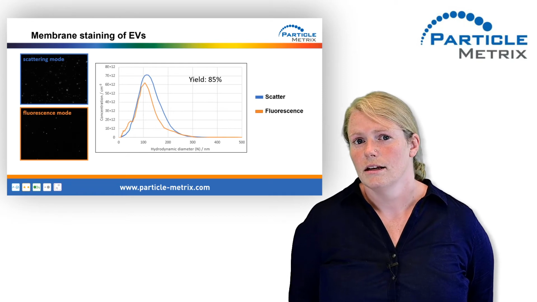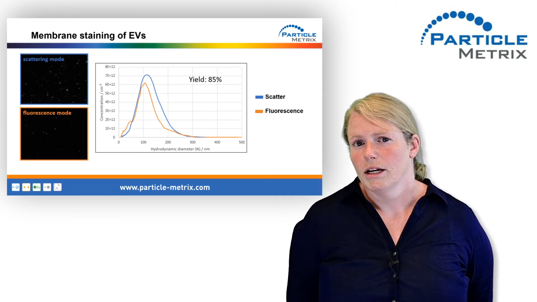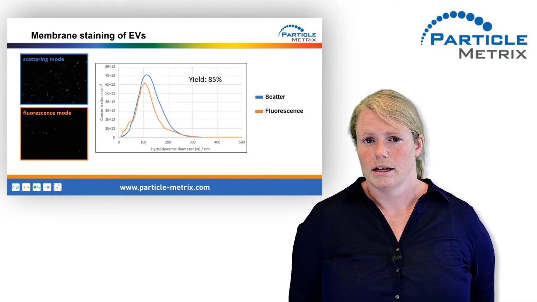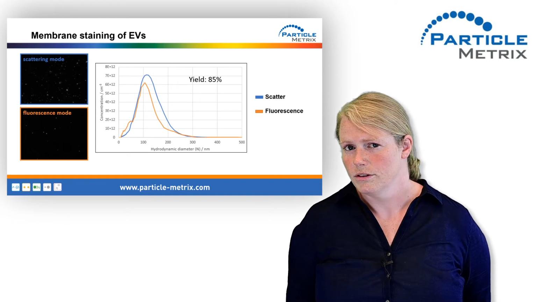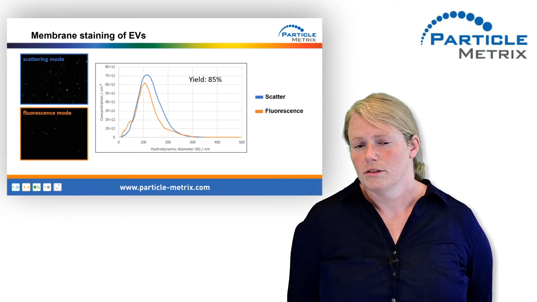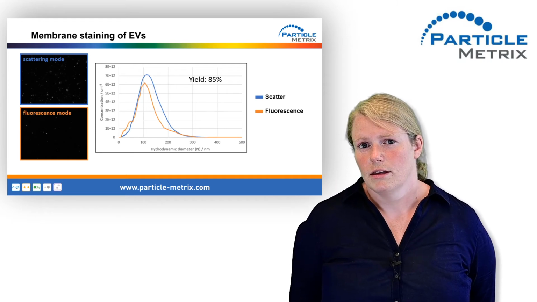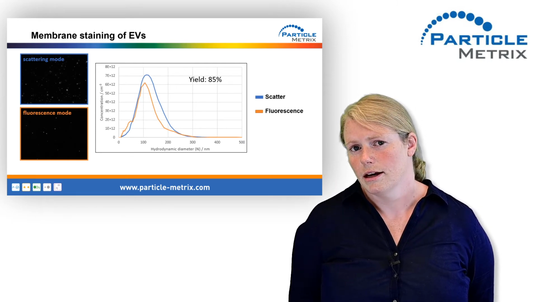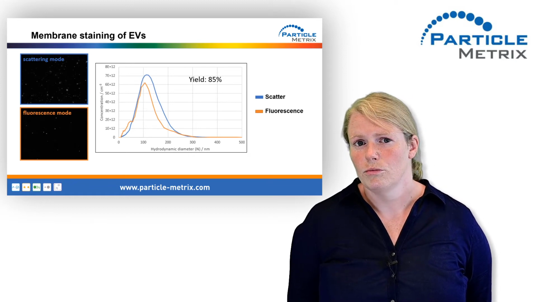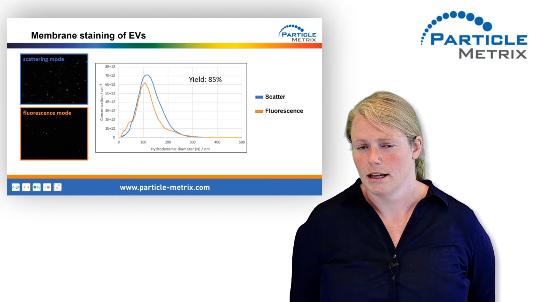This is a good result, showing a very pure sample, but it means that 15% of all particles have been rubbish. And if you have a look at the median size, you find it influenced by this 15%. And as I mentioned, this is a very pure exosome standard sample. You can imagine that the influence will be much higher in any other kind of sample. So we have a very good tool to improve our results with a membrane staining.